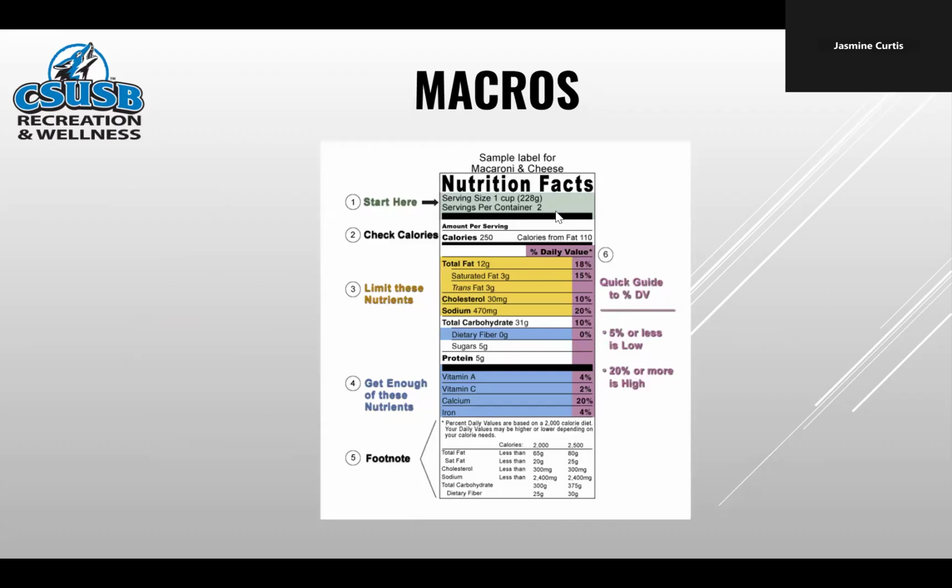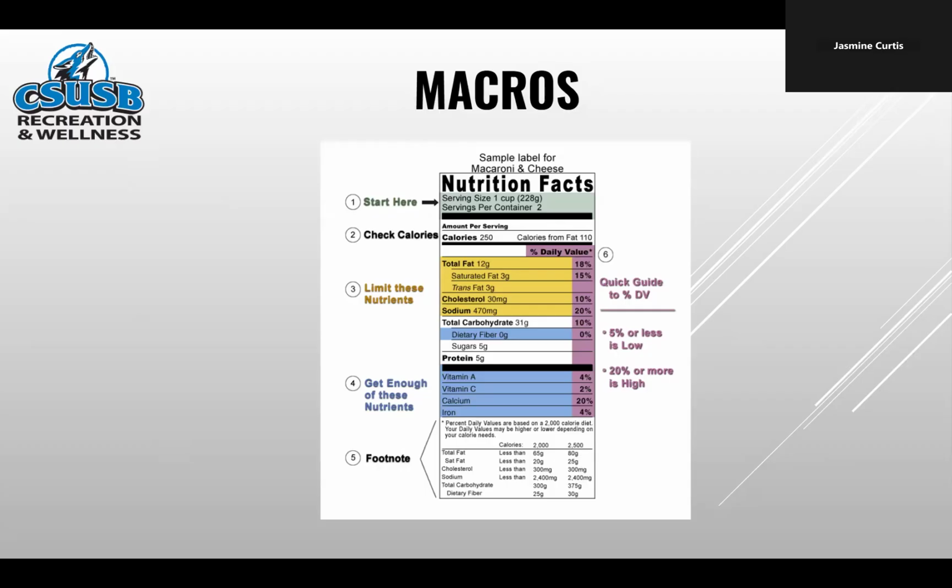We want to educate our clients on nutrition labels. So here's a sample label for mac and cheese. We can spend some time teaching them about serving size, reminding them that just because a bag is packaged a certain way doesn't mean that the whole bag is a serving size. So we want to look at the back of the label. Then we want to limit the first couple of nutrients that you see, which is the fat.